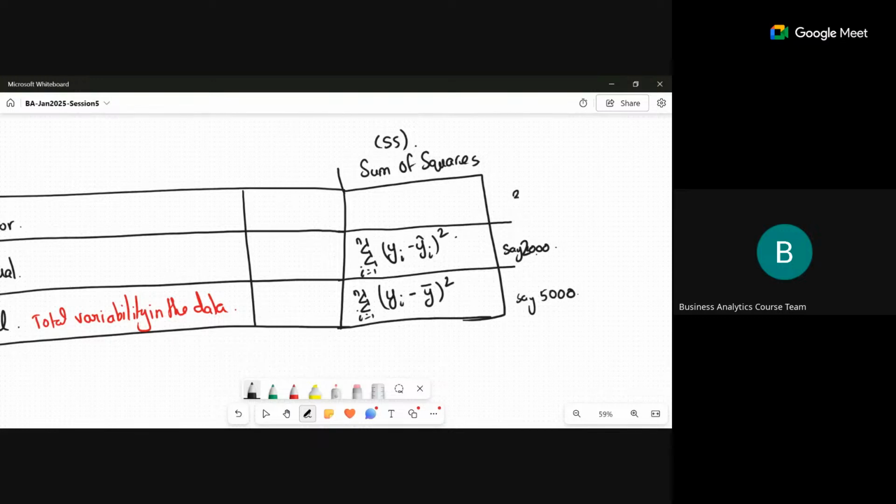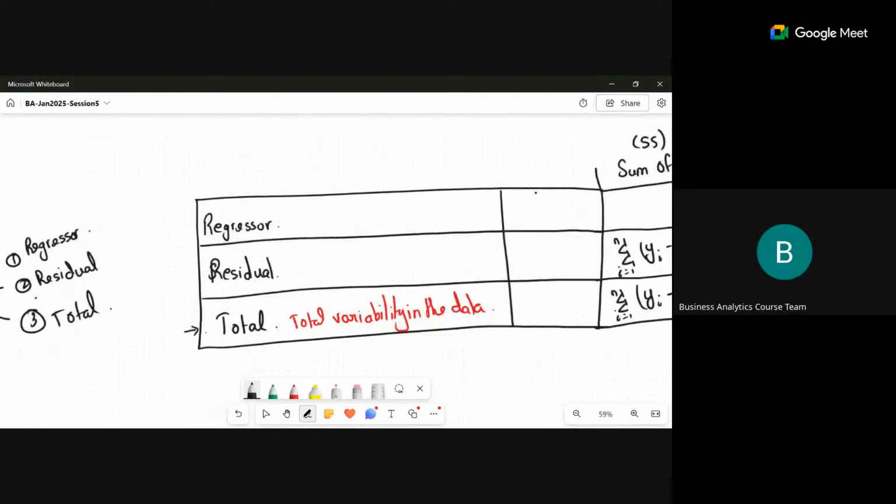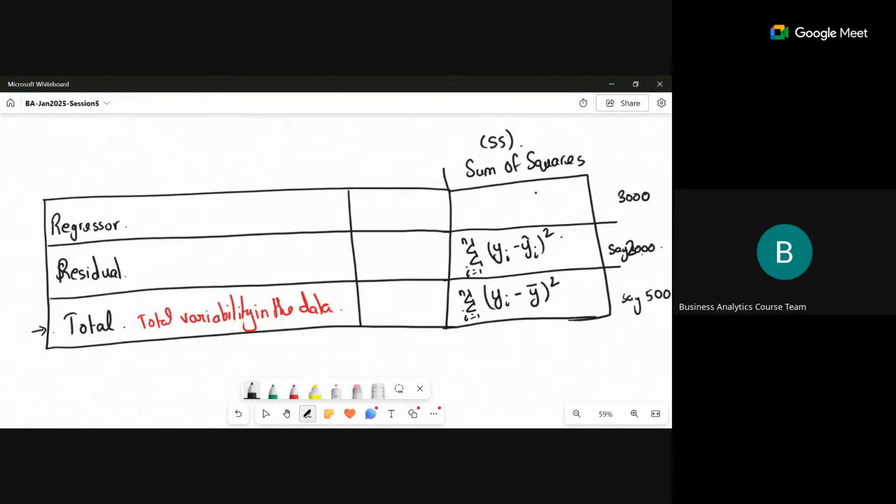So the remaining 3000 go to the regressor, which means the regressor price that I have used to model demand, which is D, is able to capture 3000 out of the 5000 variability in D. Making sense? That is why this is known as analysis of variance. You are basically checking, of the total variability, how much is accounted for by the regressor, how much is unaccounted for by the regressor. Okay? Yes, no?